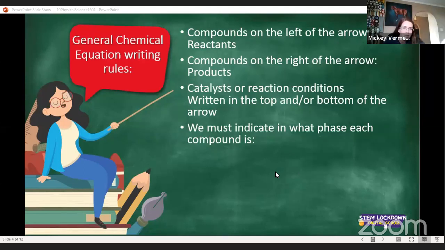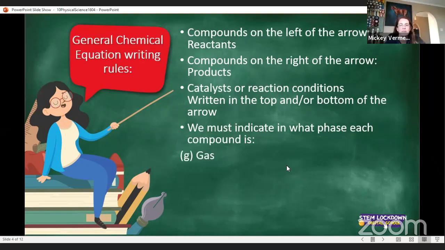We think about carbon at room temperature, it is a solid. Good job, Aaliyah. Well done. So we use symbols in our chemical reaction to show which phase we find the element or the compound in.